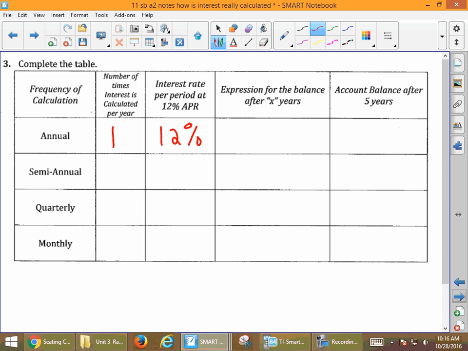And the amount after x years was 1,000 times 1.12, 1 plus 12%, to the x. And what we calculated a few minutes ago was $1,762.34.